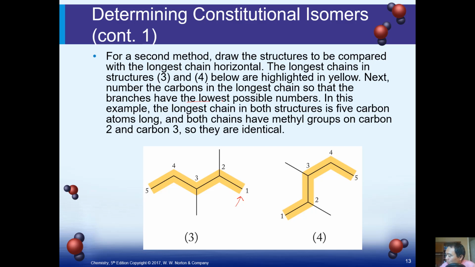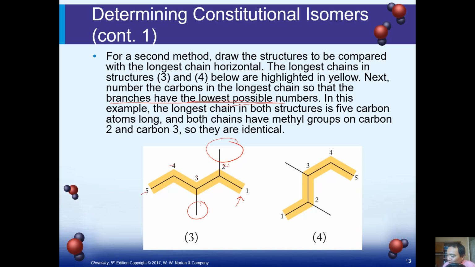What do you mean by branches? Branches means it's not a part of the main chain. The main chain is a continuous carbon chain. You cannot just jump around. It must be continuous. So for the longest chain, you number carbon 1, 2, 3, 4, 5. Then this branch as I circle, and that branch, will have the lowest possible position numbers.